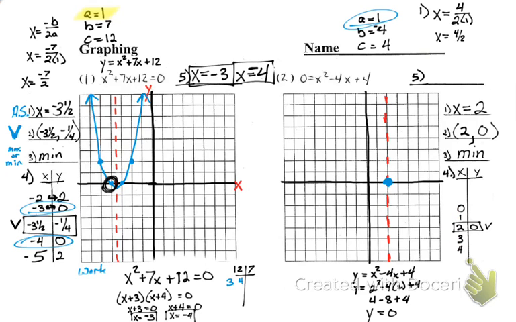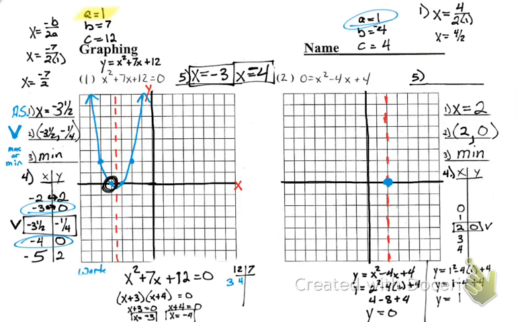This work should be pretty easy because I can plug in the numbers 1 and 0, which will make things a little bit easier. Plugging in 1 into the equation will give me y equals 1 squared minus 4 times 1 plus 4. So y equals 1 minus 4 plus 4.